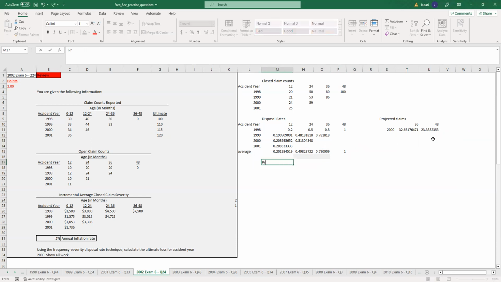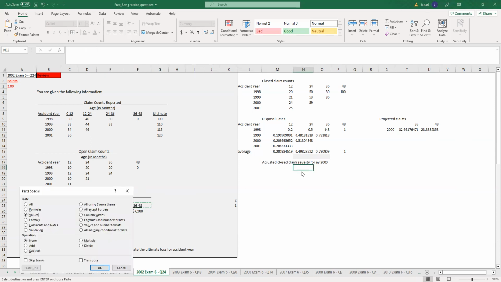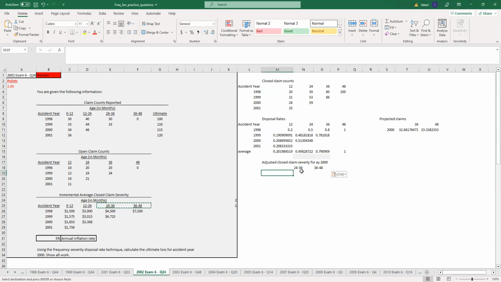So projected, actually, I'll just say adjusted, because really we're only adjusting. Here, we already have the severity for 12 and 24. This is going to be for 98 and 99.